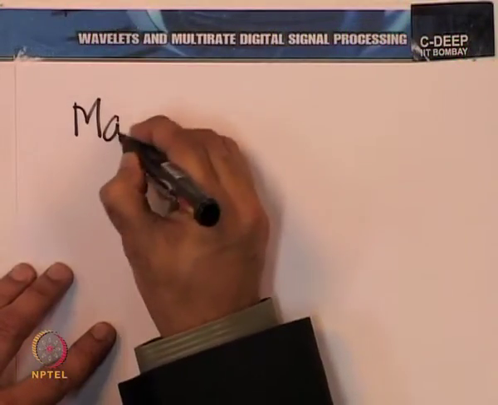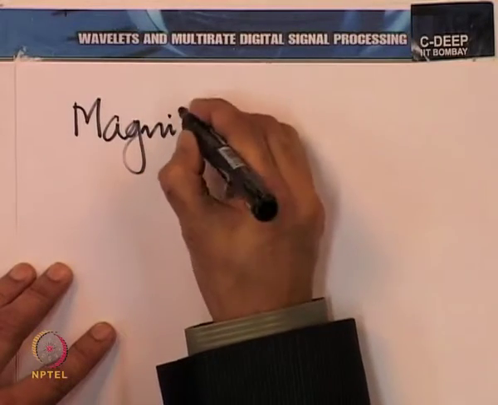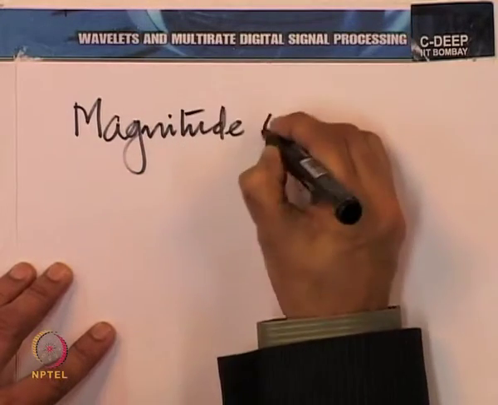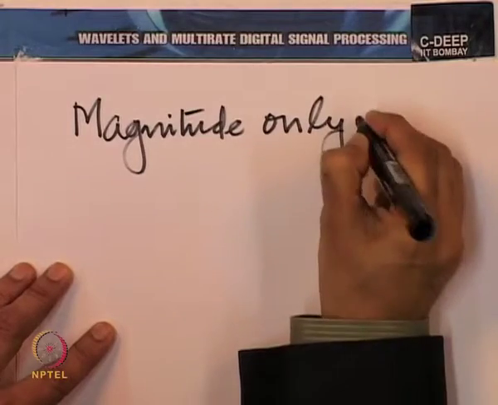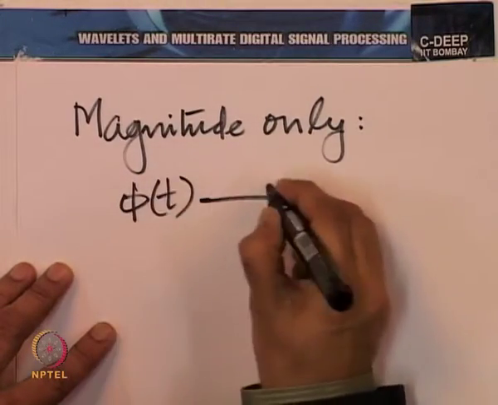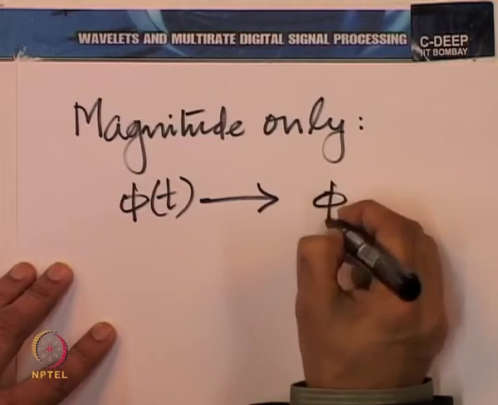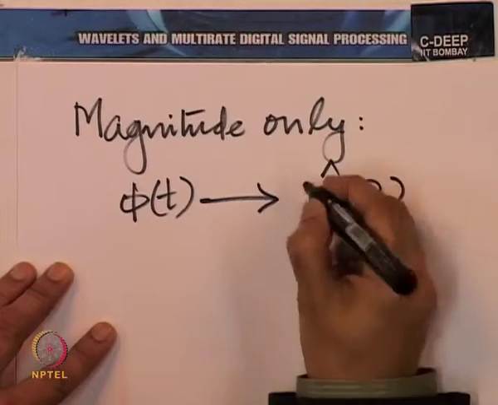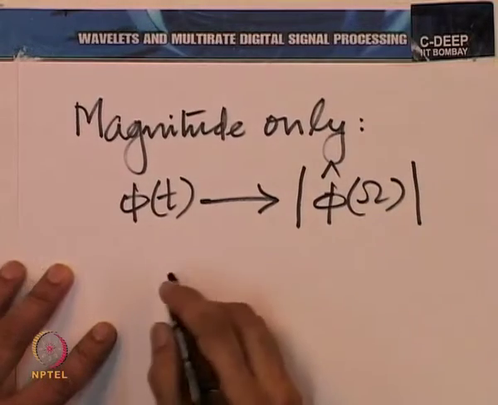So, here if I restrict myself to magnitude only, then phi t has the Fourier transform phi cap omega with a magnitude of mod of this.